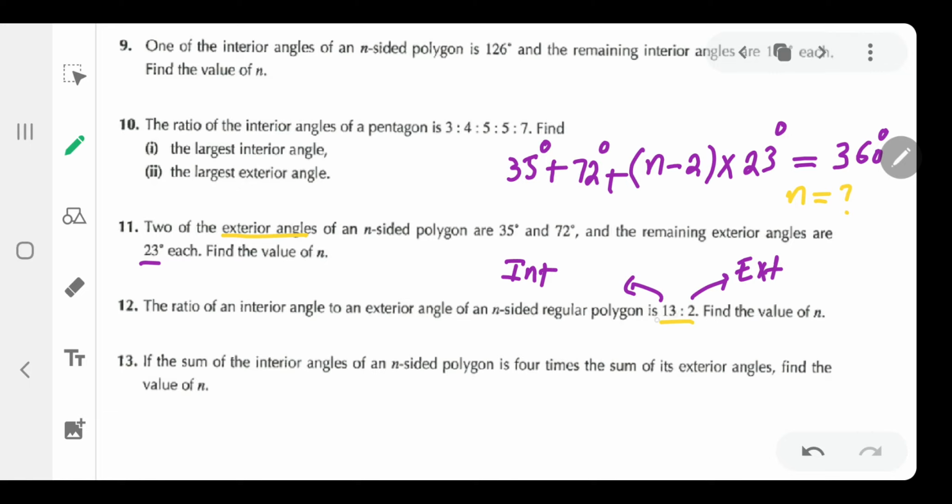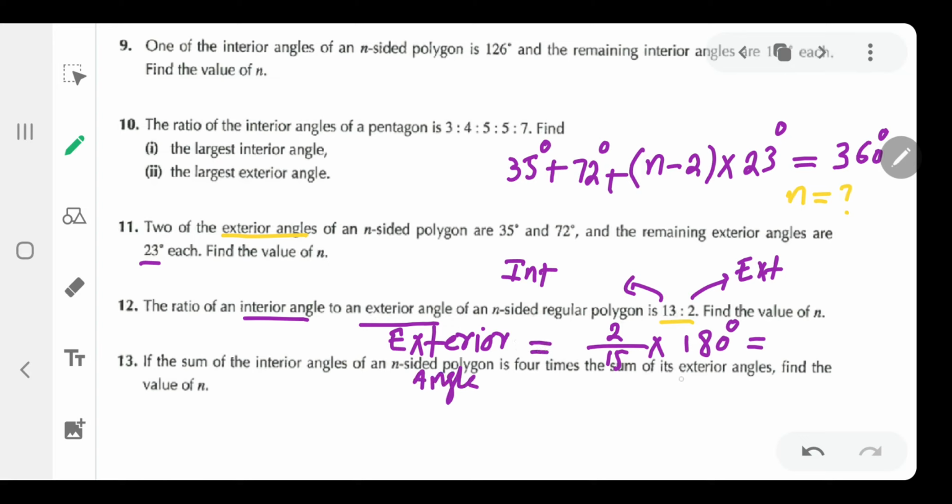So what will be the sum of the ratio? The sum of the ratio is 15, right? So we have to divide 2 by the sum of the ratio, which is 15, multiplied by 180 degrees, because the sum of interior angle and exterior angle is equal to 180 degrees.